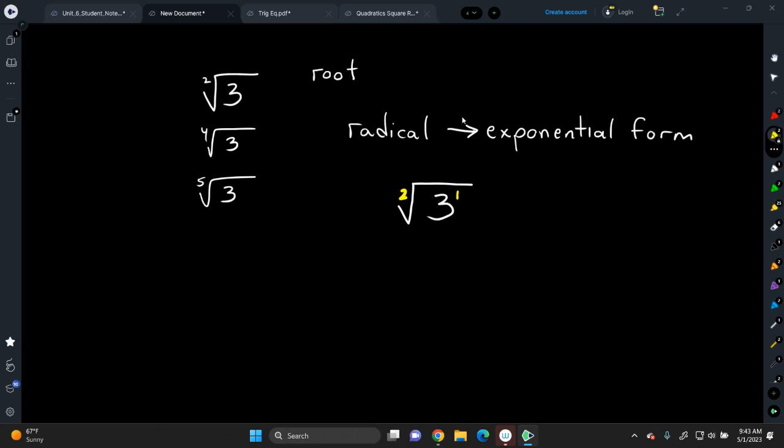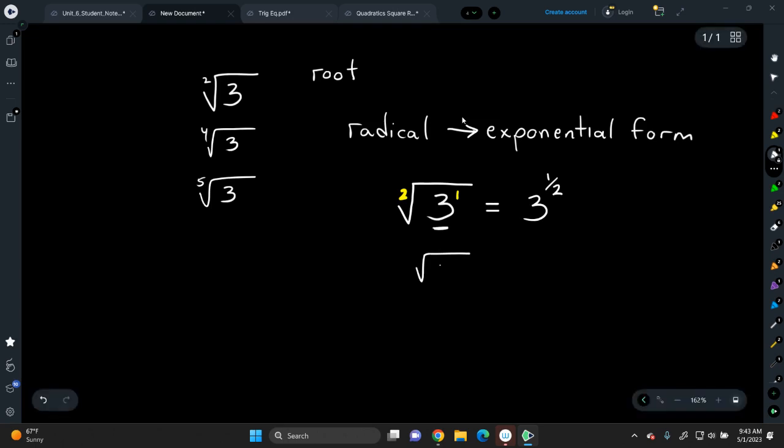Okay? In order to change this to exponential form, this is our base, 3, and we're going to write it to the power of 1/2. Okay, the square root of 3 can be written in exponential form as 3 to the 1/2.